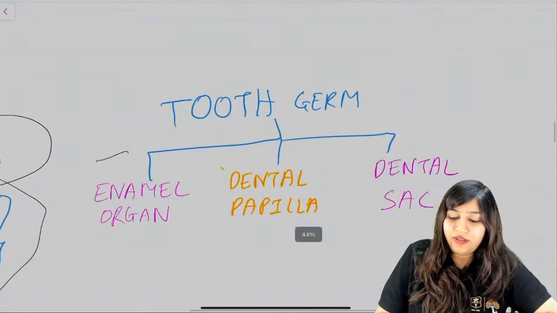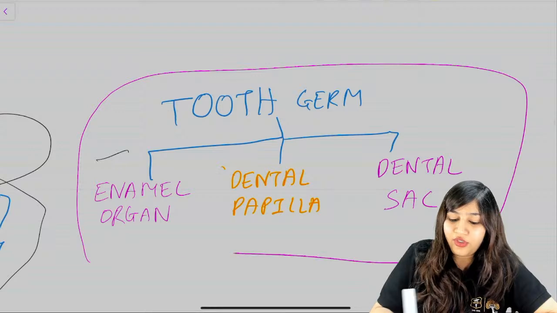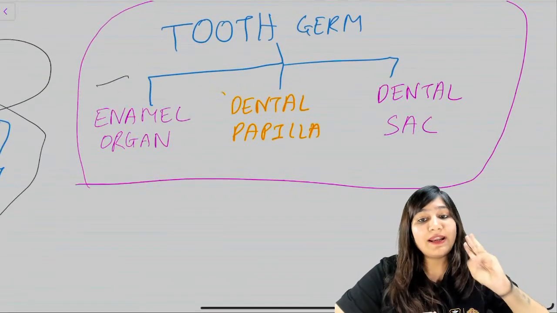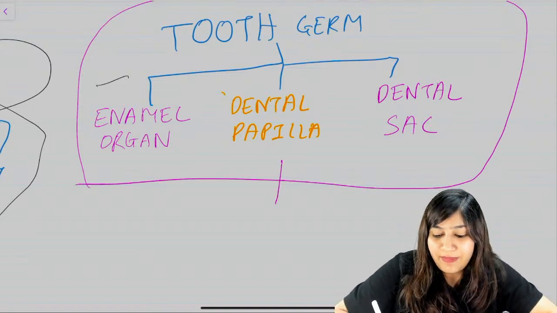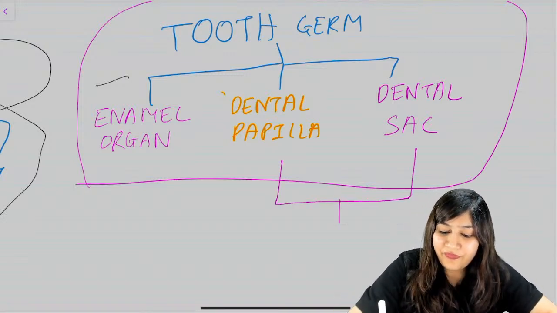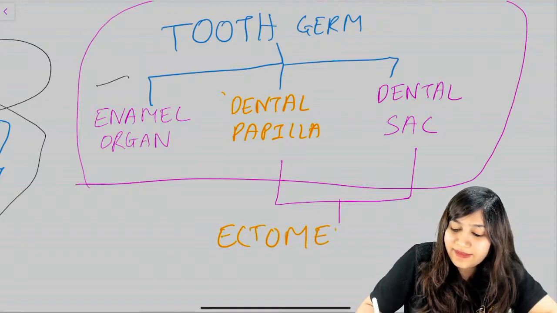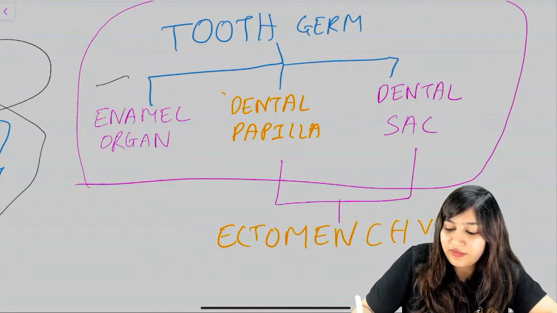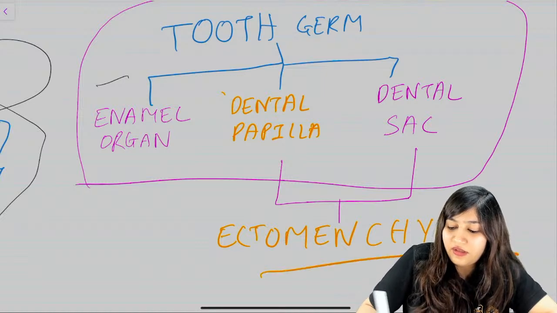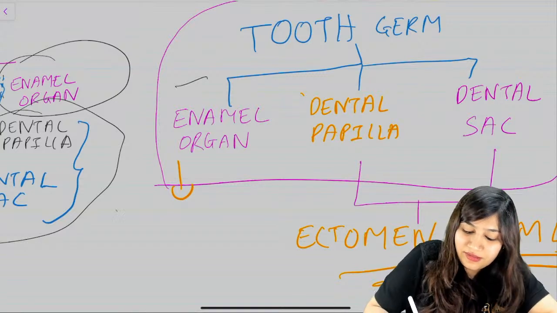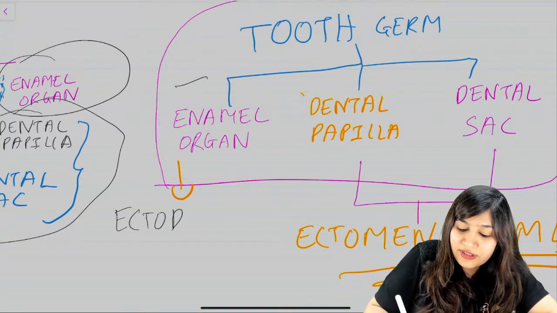So please remember this. A tooth germ is formed mainly of enamel organ, dental papilla and dental sac. Dental papilla and dental sac are ectomesenchymal in origin, right? And enamel organ is ectodermal in origin.